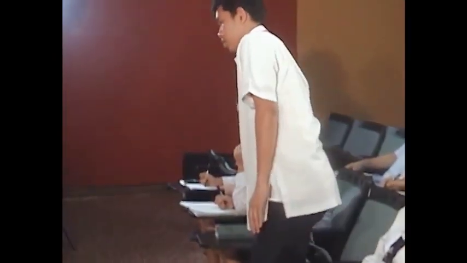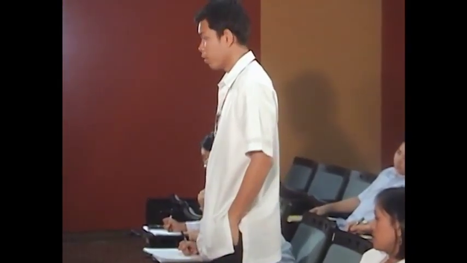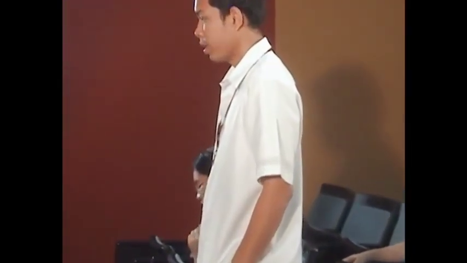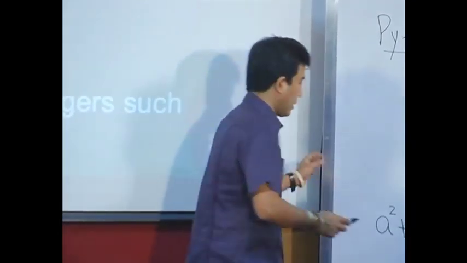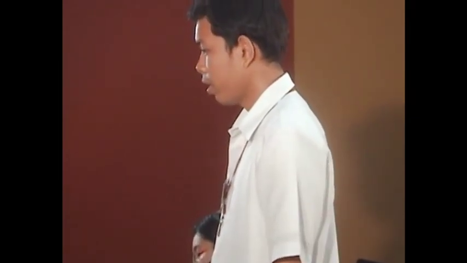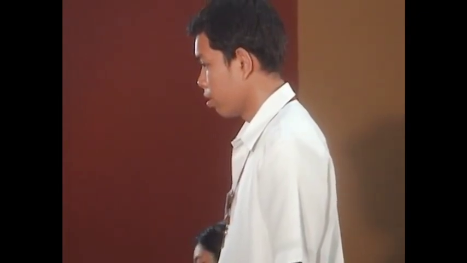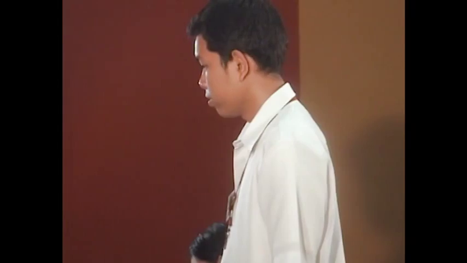Yes, Alvin, what is this? That's m to the 4th minus 2 m squared n squared plus n to the 4th.